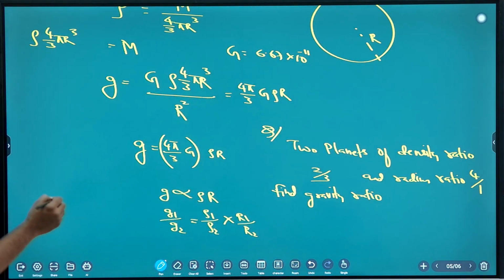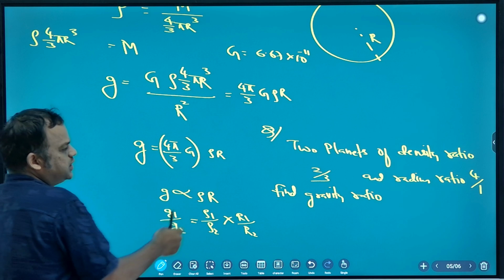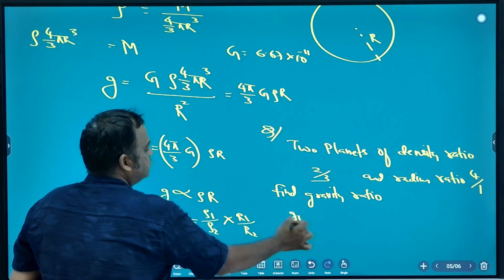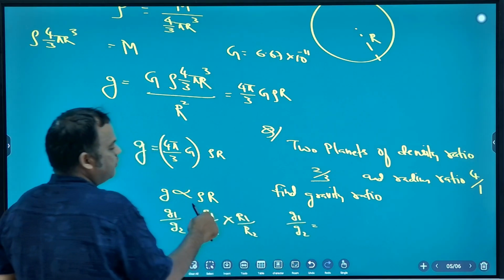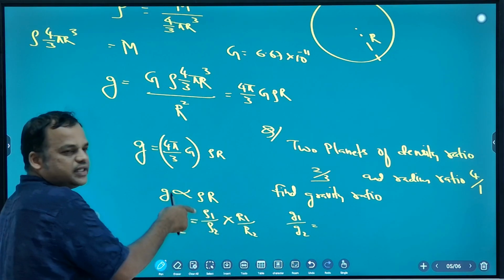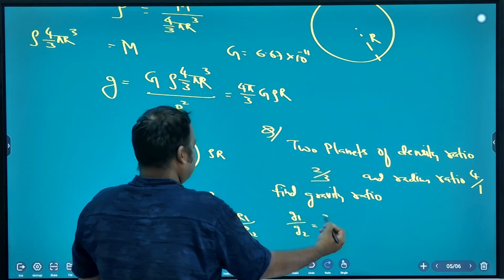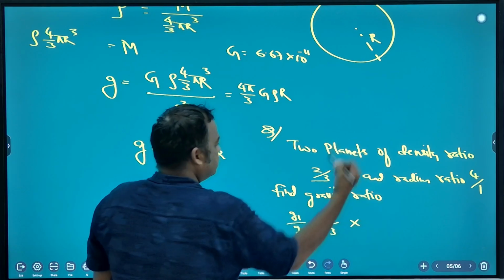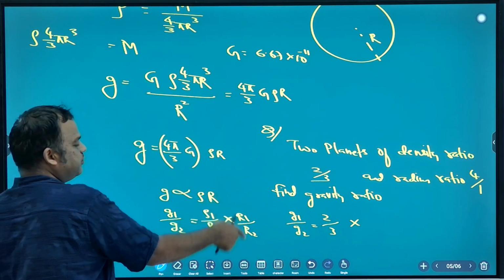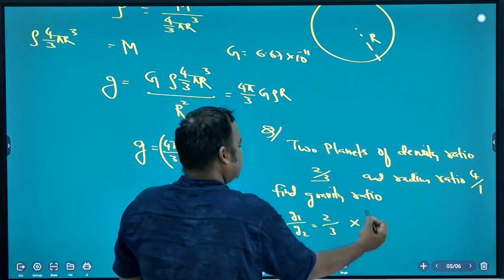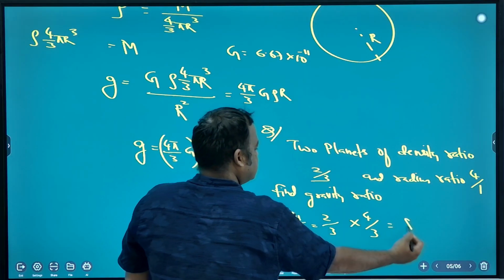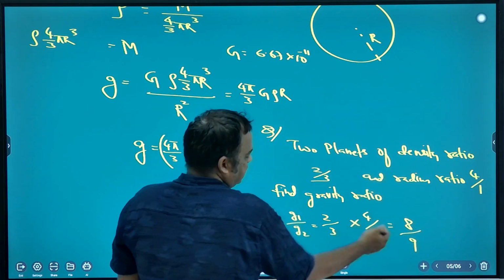How much? g1 by g2 is equal to rho 1 by rho 2. Rho means density. What is the density ratio I have given? 2 by 3. So 2 by 3 into the radius ratio R1 by R2, which is 4 by 1. So what is the answer? 8 by 3. Correct?